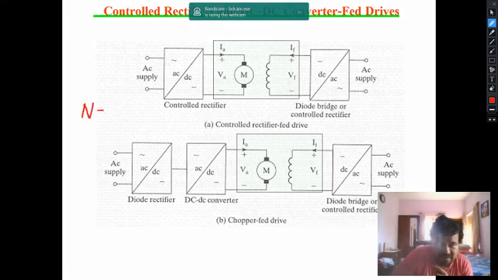Your speed was equal to V0, or Vs rather, minus IaRa, by KIf.